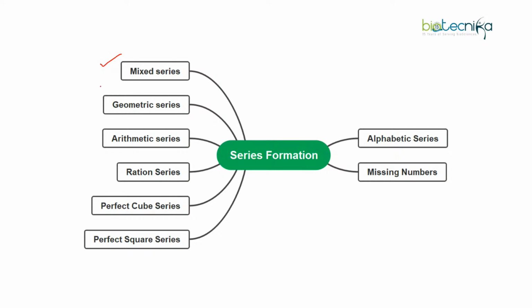You also get geometric series in which there is addition, subtraction, square, cube, a mixture of everything. We have another series which is arithmetic series, which is basically plus minus. Then we have ratio series, then the perfect cube, perfect square, and apart from these we also have the alphabetic and the missing numbers.